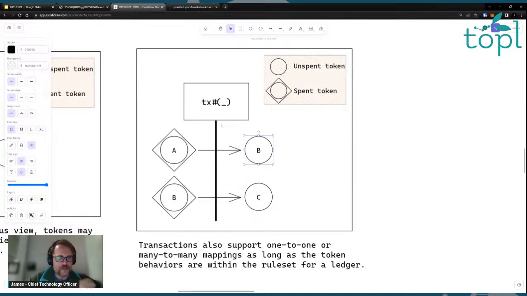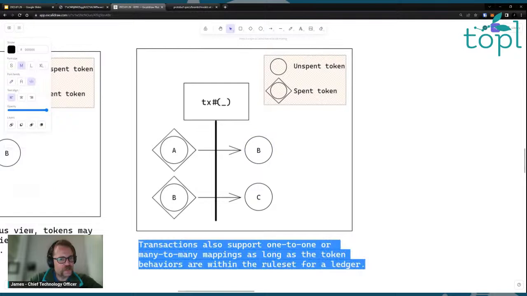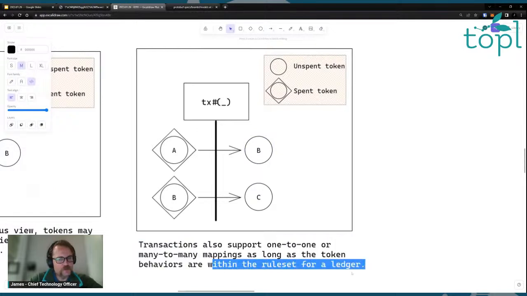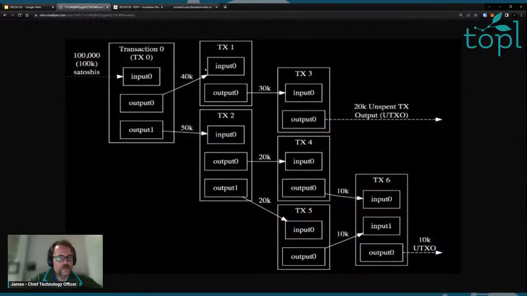And this transaction has to be validated within the rule set of the ledger, right? That is very important. If you recall a second ago, I said that a rule in Bitcoin is that the sum of the inputs has to equal the sum of the outputs plus the fee, and that's an arithmetic constraint by Bitcoin.